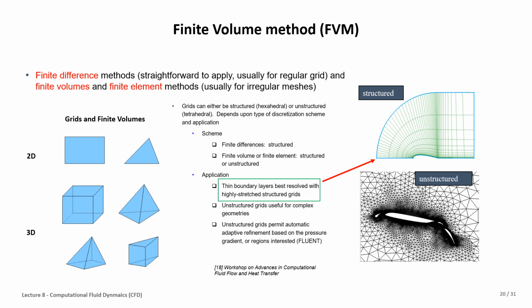As we mentioned before, when we are dealing with unstructured grids, we need to use other methods like the finite volume and finite element methods. In the finite volume method, we have grids and elements for 2 dimensions and 3 dimensions.